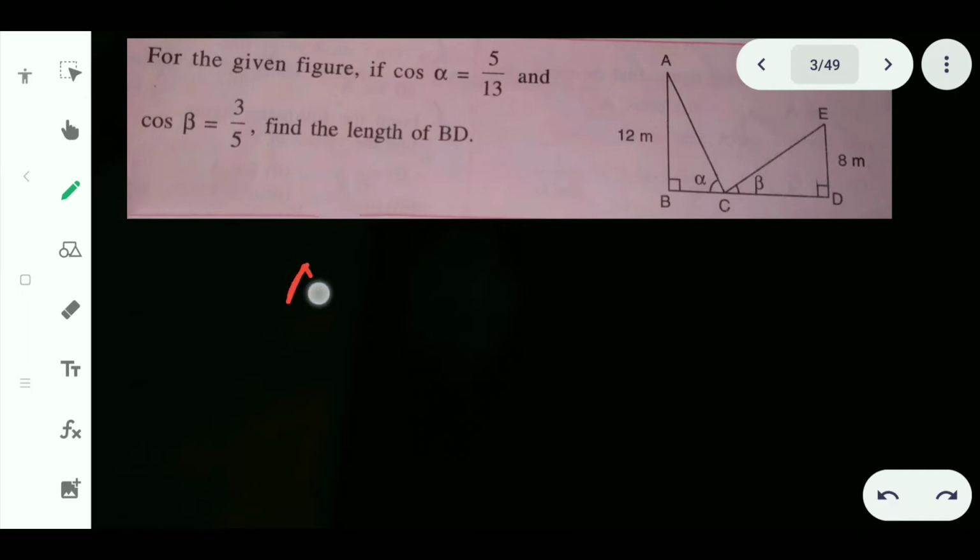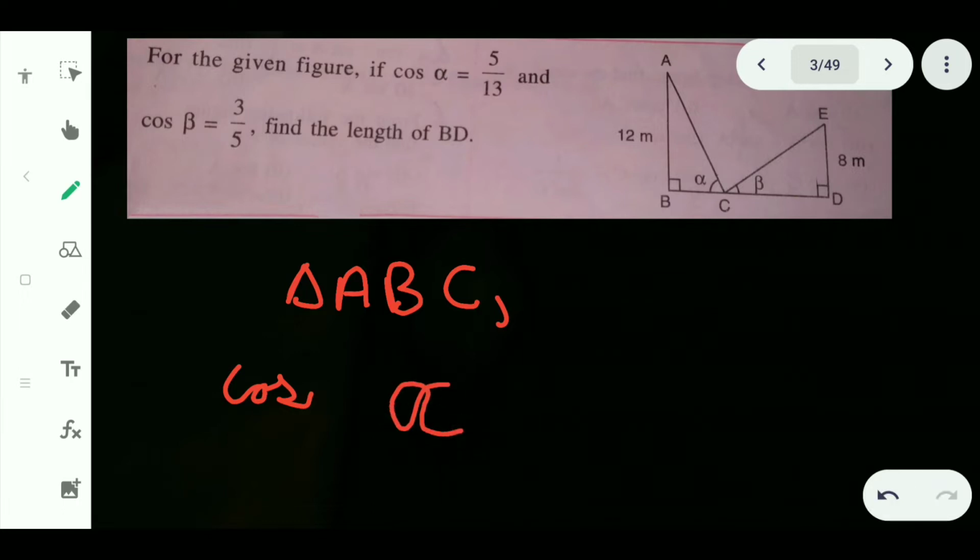First take triangle ABC. Cos alpha is equal to 5 by 13.